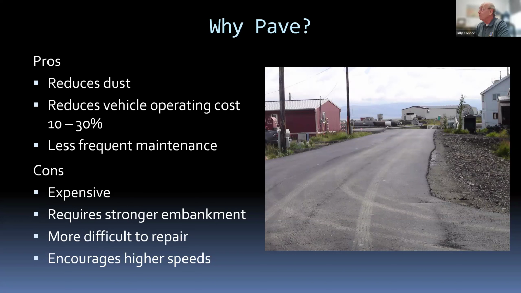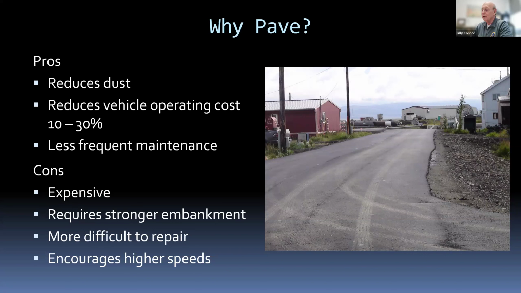It does require a much stronger roadway surface, and we'll talk about that here in just a moment. And as I said, it's more difficult to repair. One of the downsides that many communities that have paved have talked about is it does encourage greater speeds, and you have to figure out ways to manage that. One of the things I will say about paving is you really need to control where people get on and off.